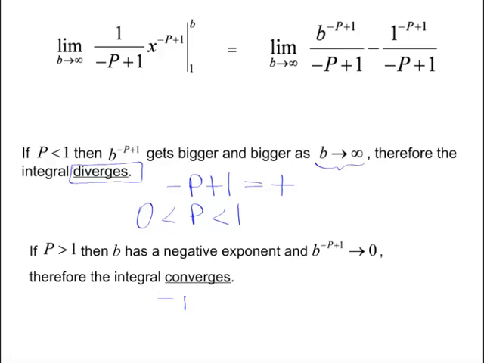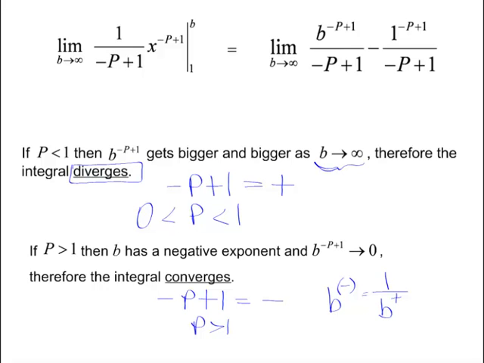If p is greater than 1, the result of that exponent will be a negative exponent. This will give us b to some negative value, which is equivalently written as 1 over b to some positive value.